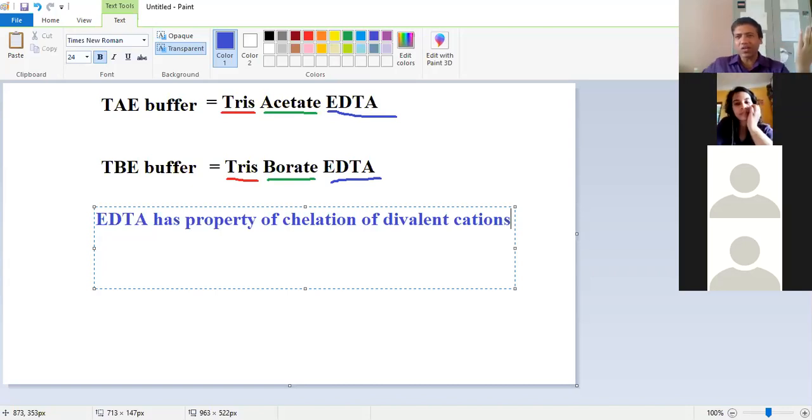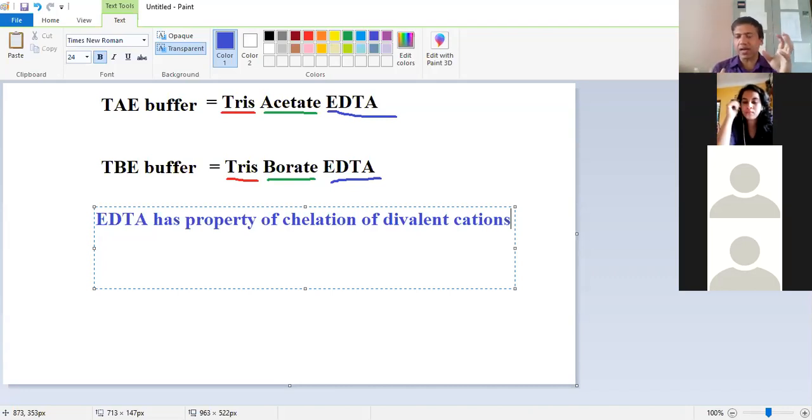If you go back to your school days in chemistry, you must have read about a type of compounds called complex compounds. They are bonded by complex bonds, not covalent bonds. Now what EDTA actually does is chelate. Chelating means it covers the divalent cations and makes these cations inert. Inert means useless; any compound having no function is called inert.